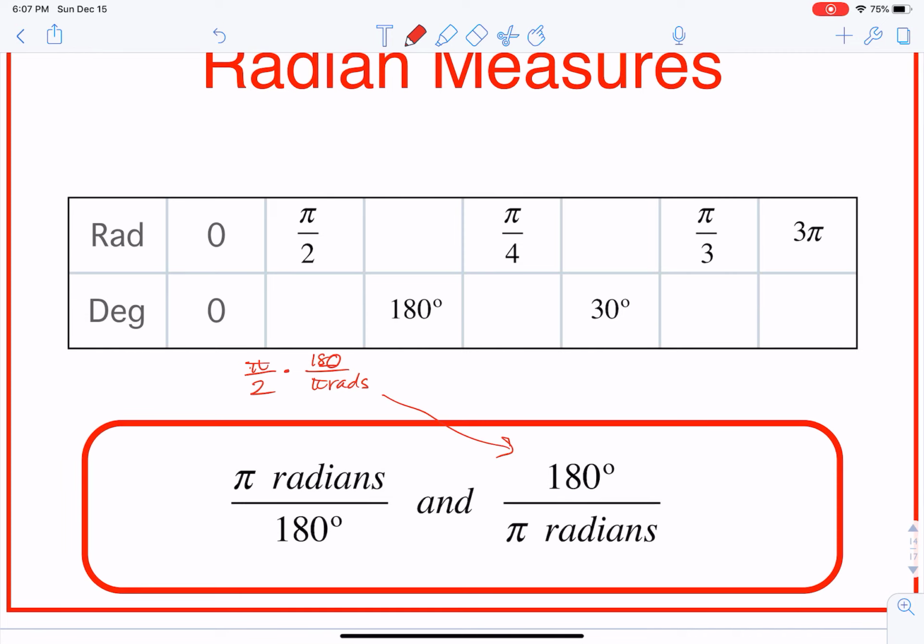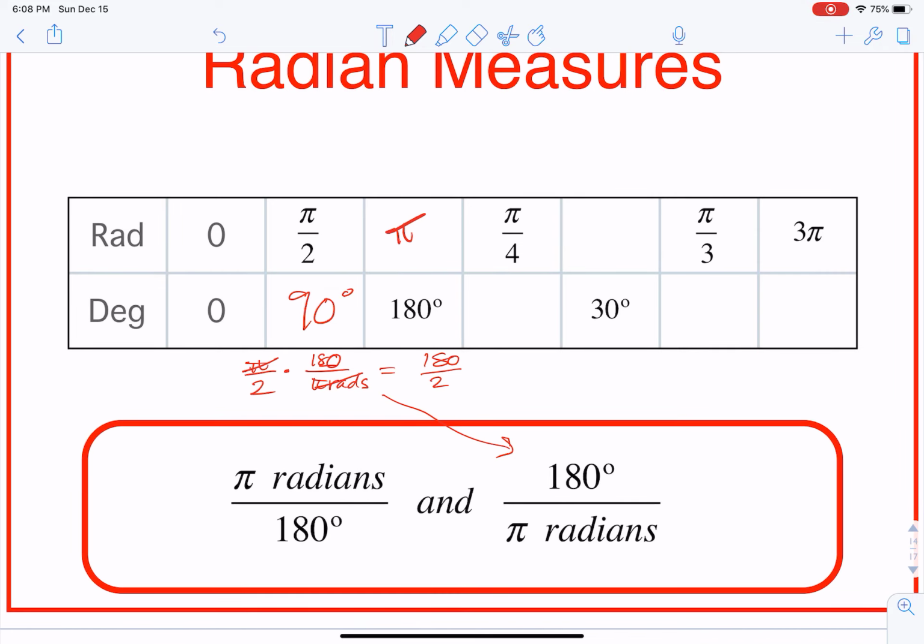I'm using this conversion factor right here. My pi radians will cancel. I'm left with 180 over 2, which is going to give me 90 degrees. I already know that 180 degrees is pi radians because that is our conversion factor.